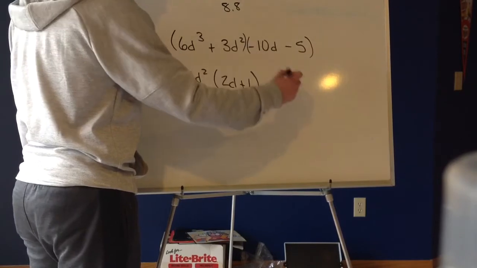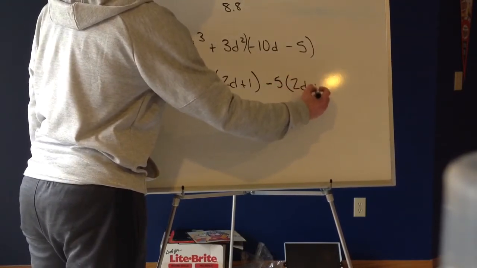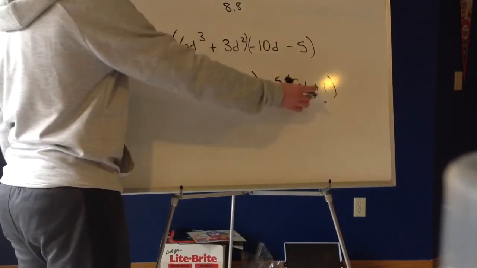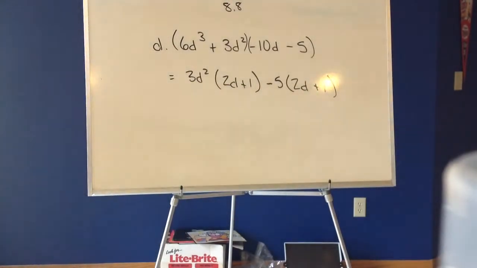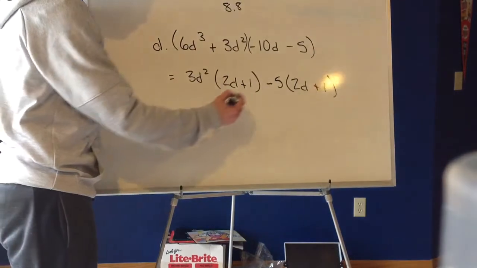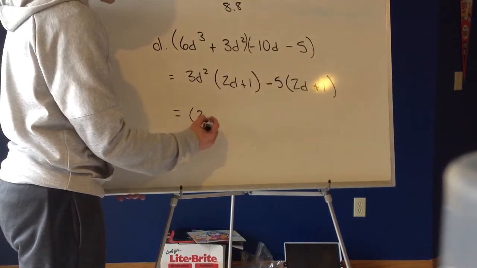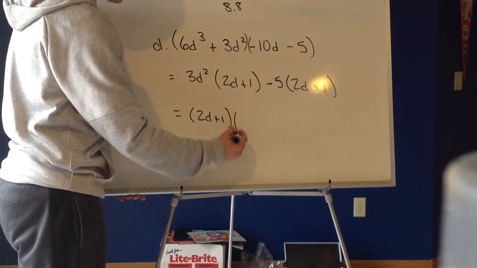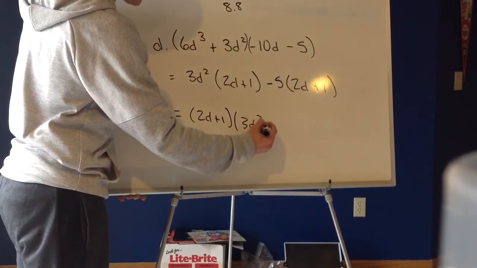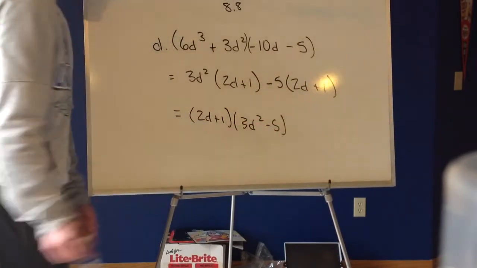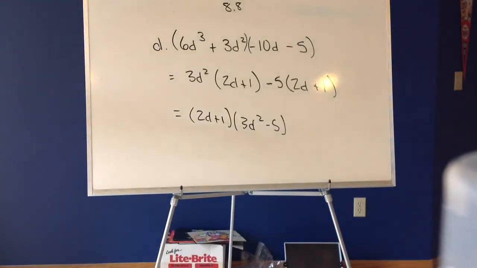And if I divide by negative 5, it changes both of those to positives, which is exactly what I want, so it matches up with the other set of parentheses. Then I would take my 2d plus 1, and I'd have my 3d squared minus 5. Everything else stays the same, it's just that you're pulling out a negative GCF for that second one.